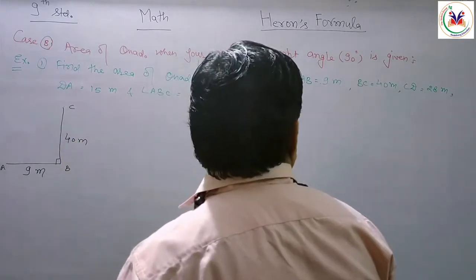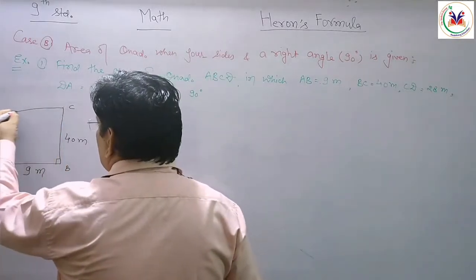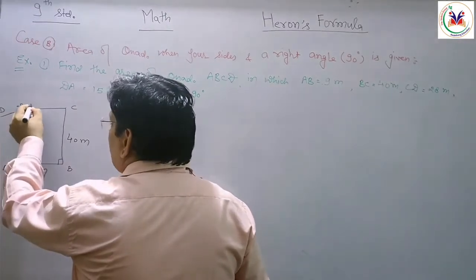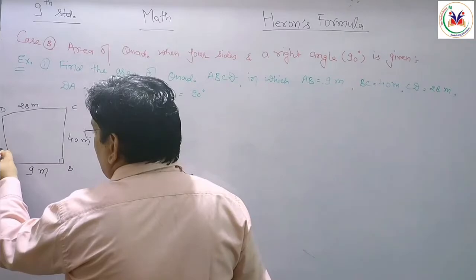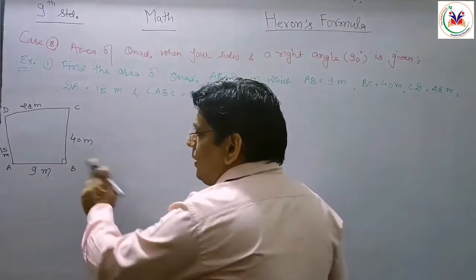Now CD is 28 meter, and DA is 15 meter, and angle ABC is a right angle.